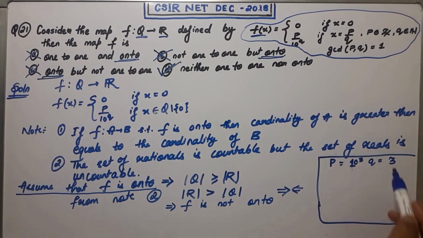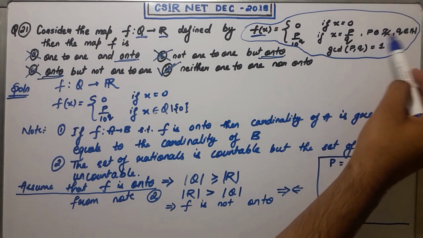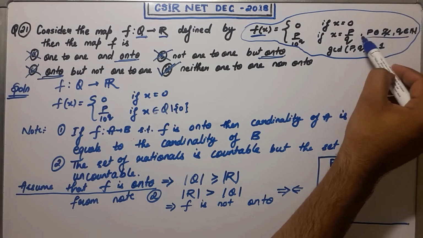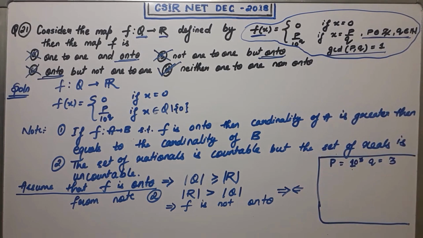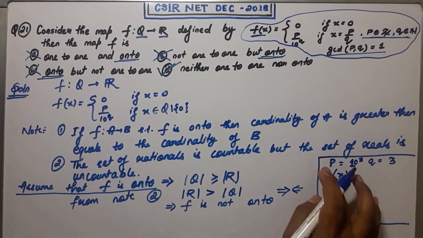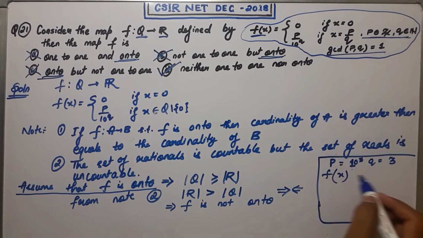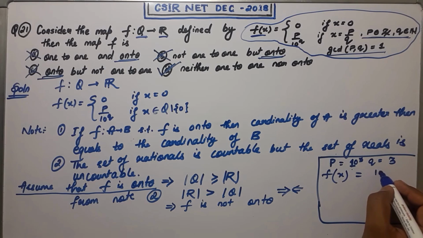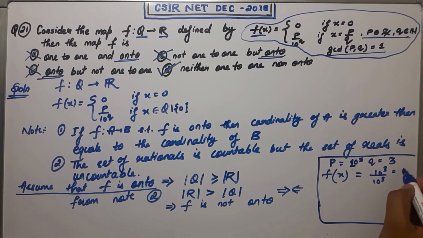You see that their GCD is 1 and everything that is written here is satisfied. So you can write f of x, where x is p over q. That directly implies 10 to the power 3 over 10 to the power 3 is equal to 1.